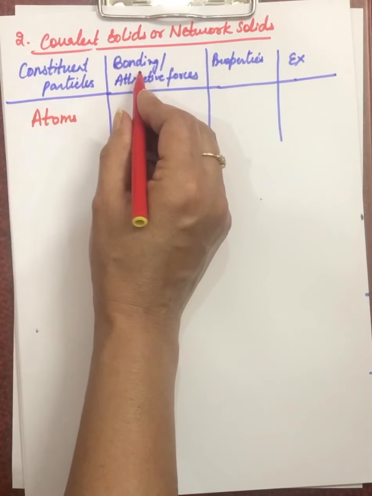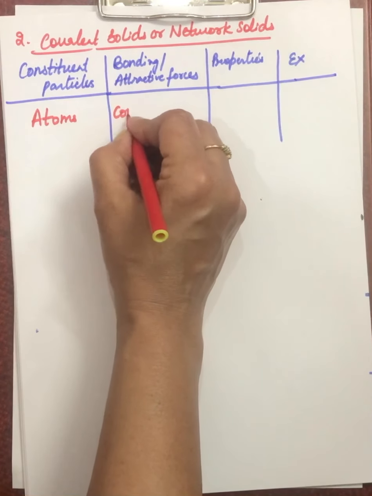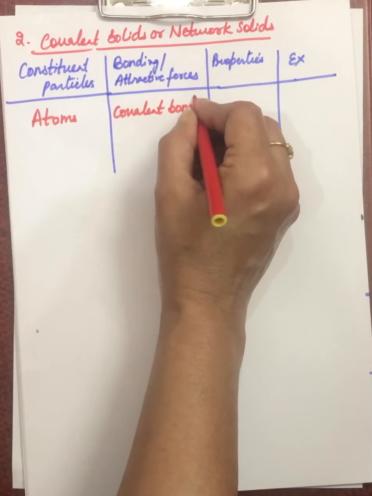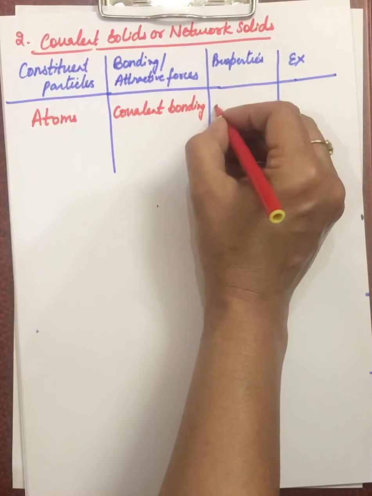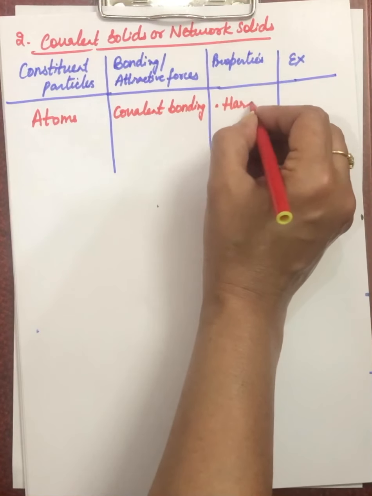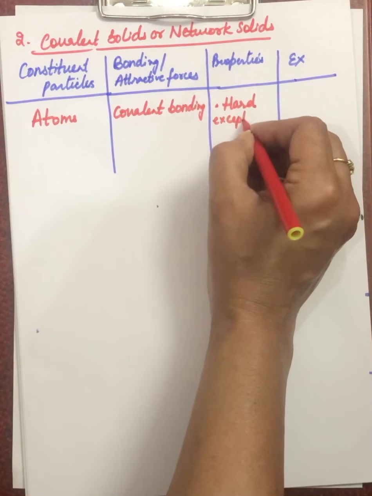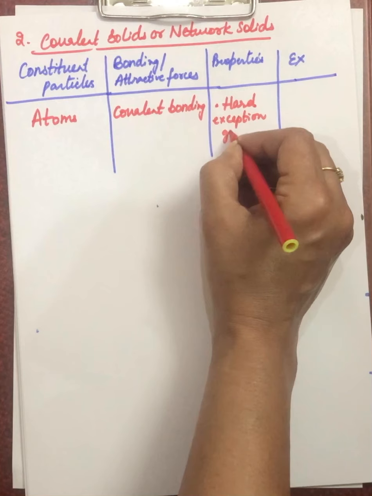The constituent particles in these are called atoms. Covalent solids have which kind of bonding? Covalent bonding formed by sharing of electrons. They are hard since this bond is also a strong bond, but exception we have is graphite.